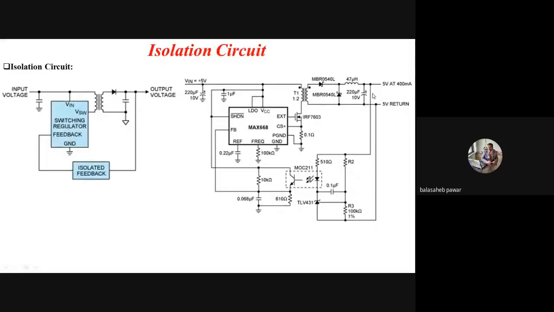That is the purpose of this feedback circuitry. If there were a direct feedback between the load side and the switching element, there is a chance of damage. As these are digital ICs, a small spike may damage them, and that's why there is a need for the isolation circuit.